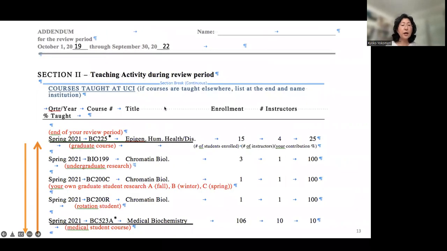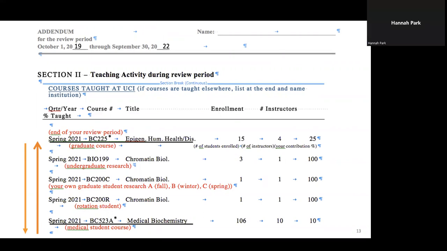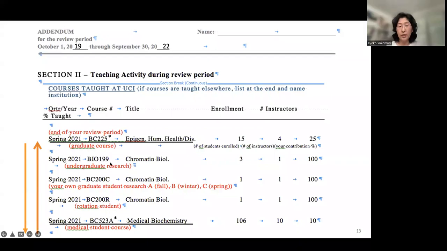Okay, so let's go into section 2. Section 2 is teaching and mentoring. It doesn't say, but this is actually section 2A, and this is where you want to list all the courses. If you have course numbers for any teaching activities you've done, list them all. Those include Bio 199, the undergraduate research, because it has a course number, so you can list it here.